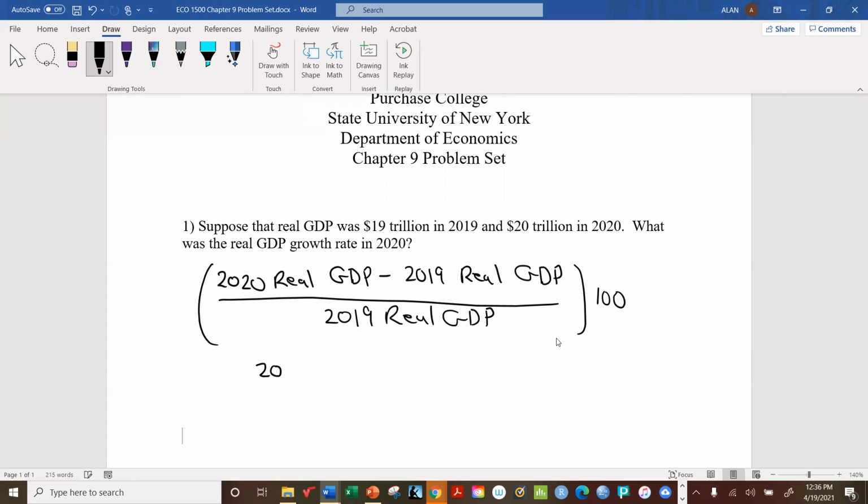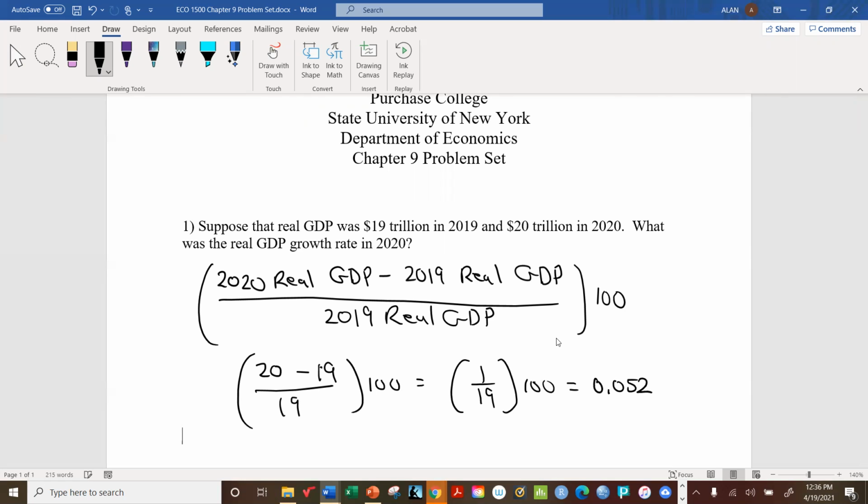Let's just call it 20. Real GDP in 2019 was 19. And then we divide that by 19 times 100. So we've actually got 1 over 19 times 100, which is 0.0526, or 5.26%. That's how much real GDP growth was in 2020, which is very rapid, by the way.